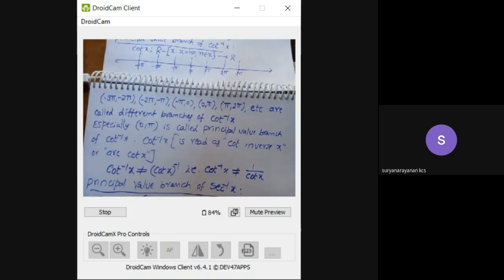This is the domain of secant x, and this is the range of secant x.